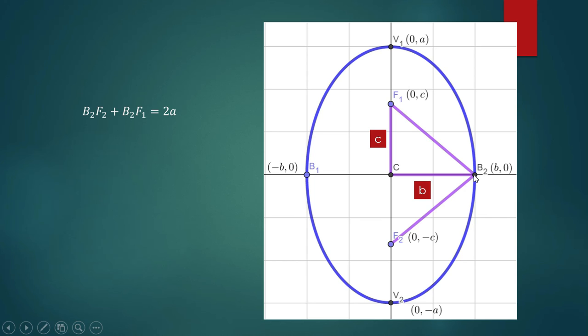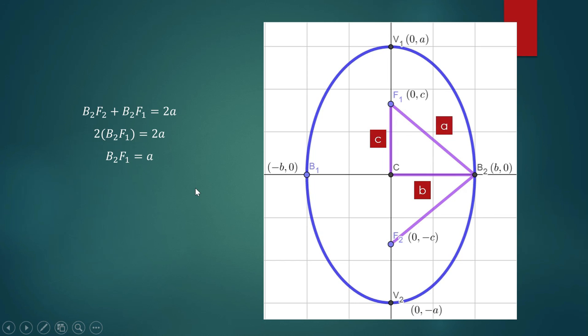B2 is a point on our ellipse, so the combined sum of its distances from the two fixed points, B2F1 and B2F2, is also equal to 2a. B2F1 is equal to B2F2, so this is just the same as twice B2F1 is equal to 2a. What does that mean? That means B2F1 is equal to a.